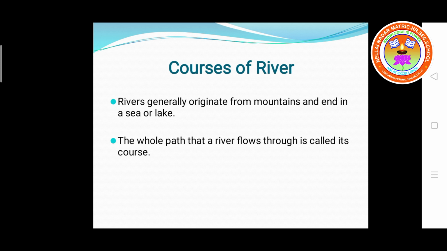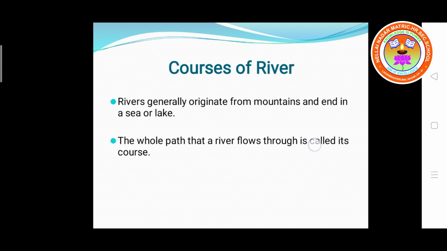It comes from mountains and ends in a sea or lake. The whole path that a river flows through is called its course. The path, the way the river comes, is called what? Course.